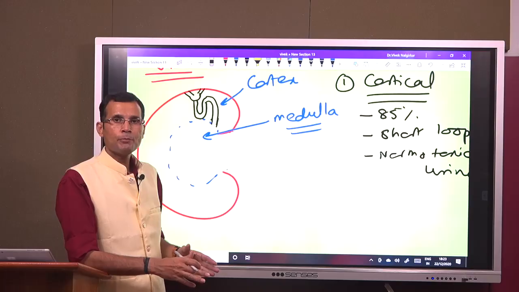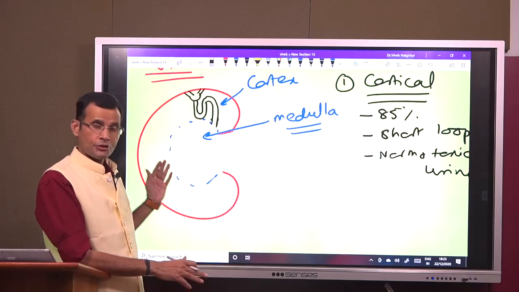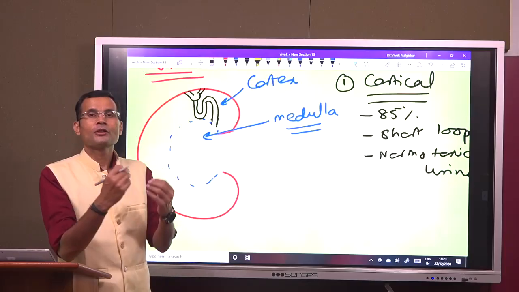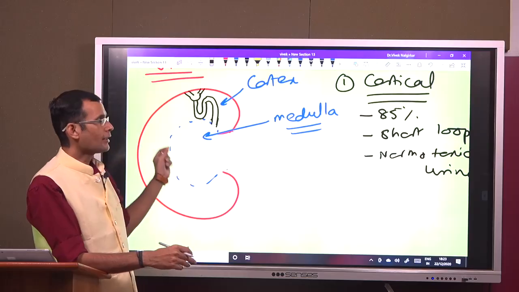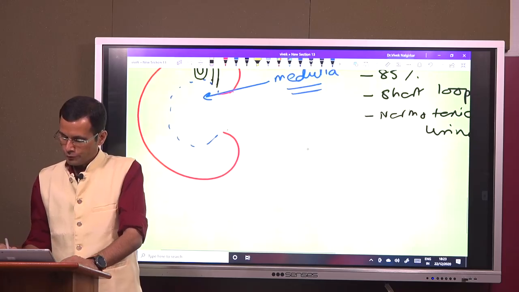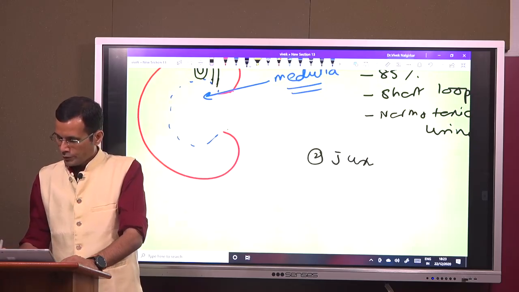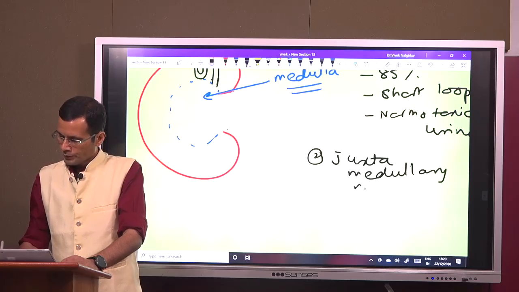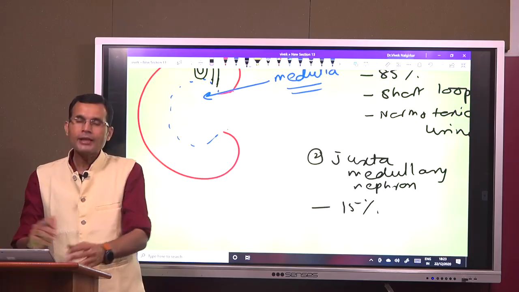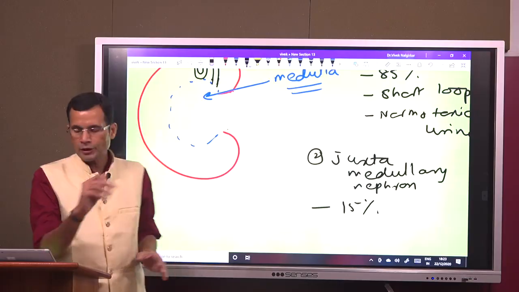The second type of nephron, of course everything is important, but functioning wise you should look at the other type, which is the juxtamedullary nephron. About 15% of the population is that of juxtamedullary nephrons.